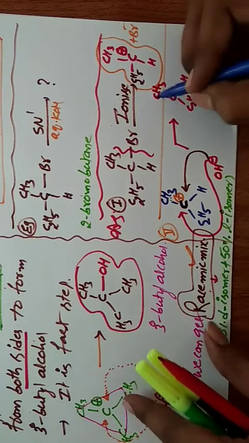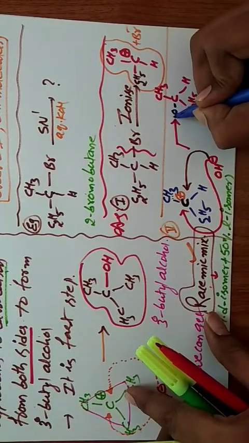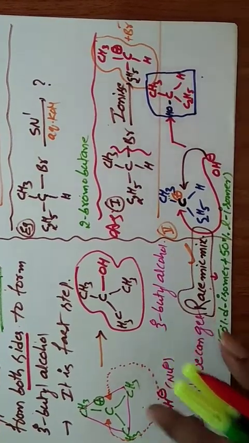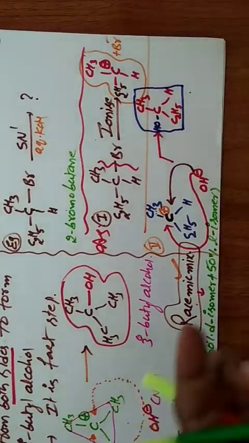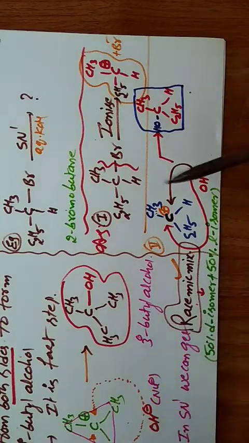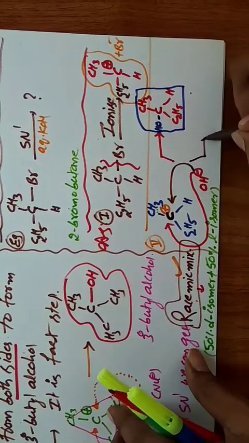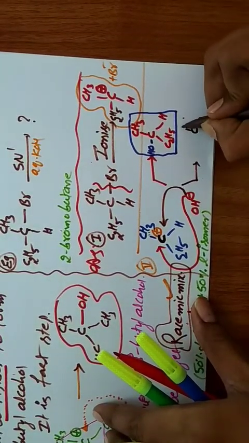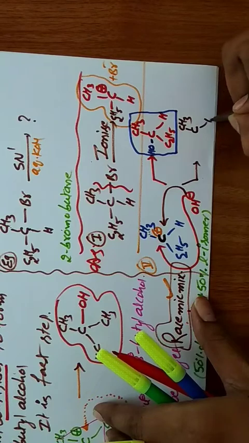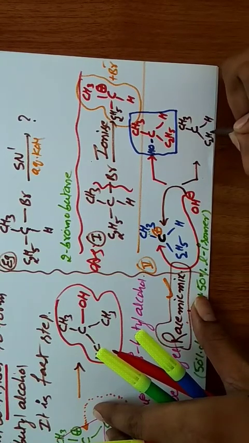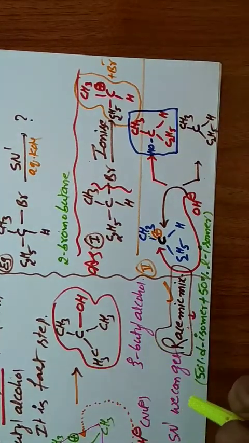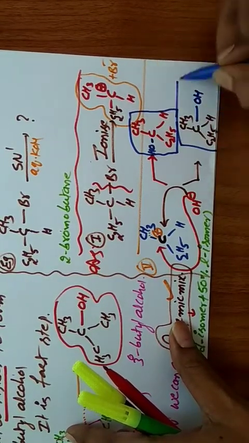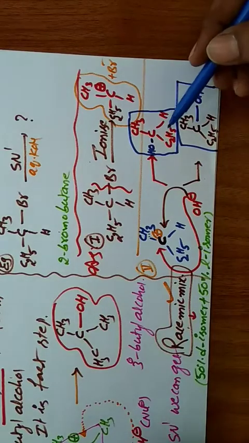So here carbon, here CH3, here hydrogen, here C2H5. Both IUPAC names are the same, but this one is dextro and this one is levo. One is dextro, another is levo. We get the racemic mixture.